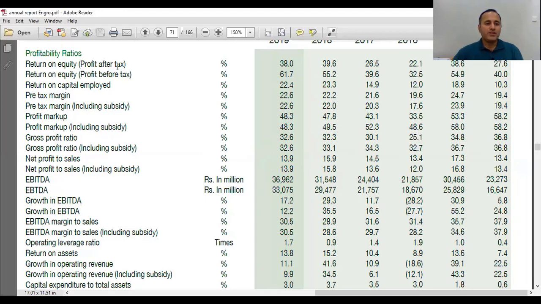Return on equity, one is after tax, the other one is before tax. Then return on capital employed, pre-tax margin, and then there is another pre-tax margin where you include the subsidy. So the whole point is that you can calculate whatever ratio you like, but the ratio has to make some sense.